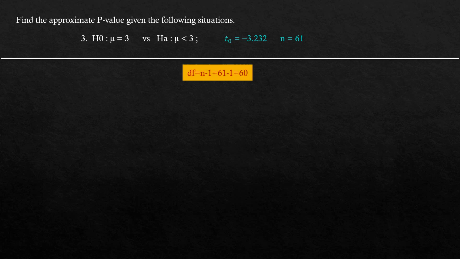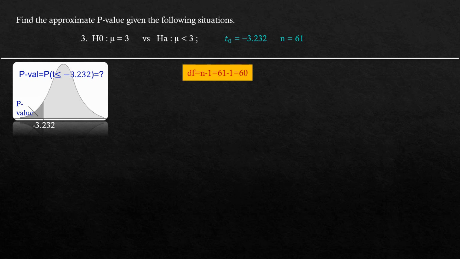Then how do we find negative 3.232 in the table? But you know how to find the p-value for this. P-value is the probability that t is less than or equal to negative 3.232. Why? This is left tail. So we find the area under the curve to the left of negative 3.232.